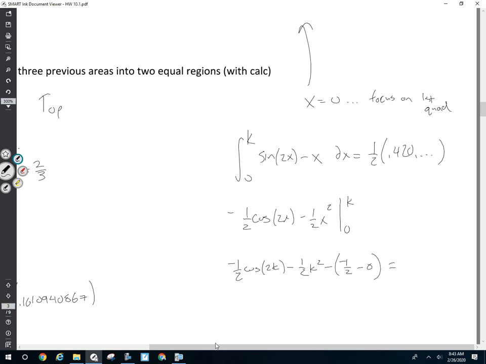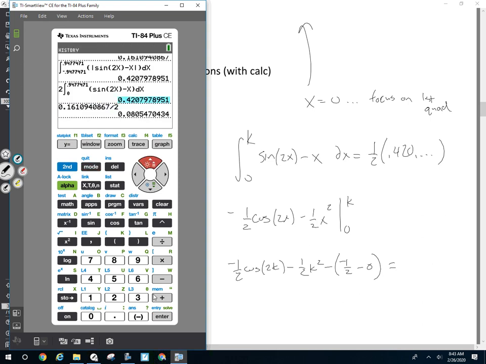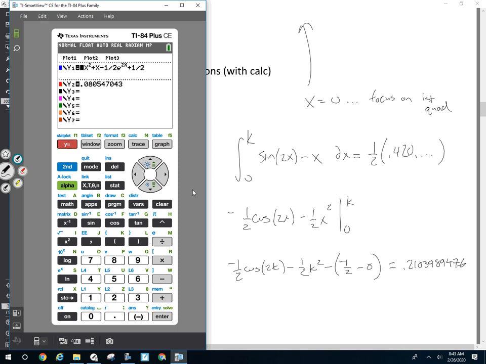And that's going to equal, I'm going to pull up my home screen, pull up that value, divide it by 2, 0.210398947, and then I'm going to find the intersection using my calculator. 0.210398947.